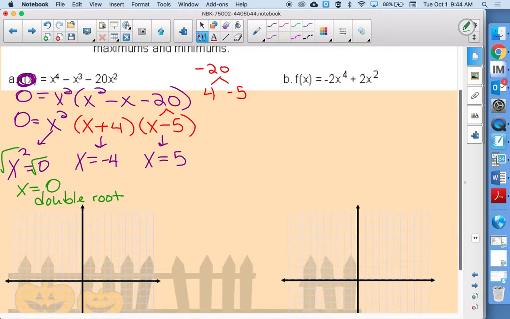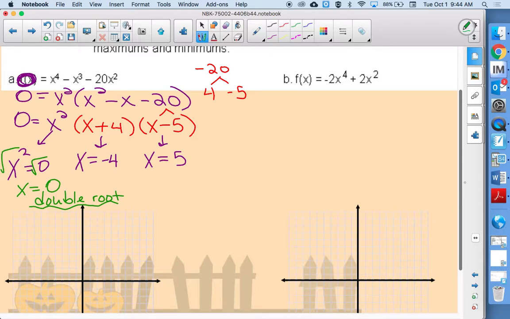A double root is saying that that 0 is listed twice. Because I'm supposed to have 4 x-intercepts, because my power is 4. 2 of them happen at 0, and tomorrow graphically we'll see what special thing happens there. And then I have one at -4 and one at +5. But this has to be kind of notated in the answer because that 0 is special. There are actually 2 of them.